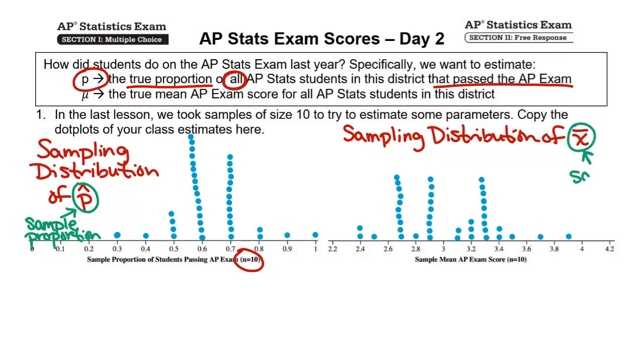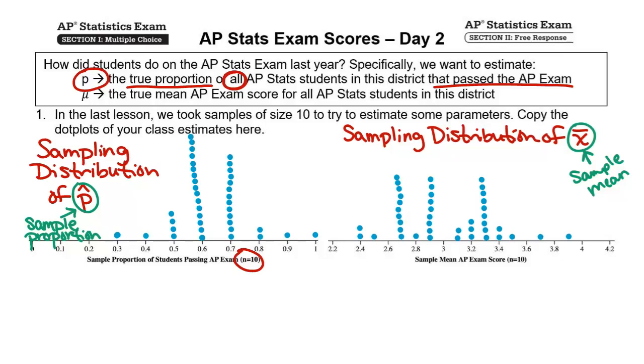Sample mean. Is this the entire sampling distribution for X bar or a partial sampling distribution? Partial. What would it need to be a full and complete sampling distribution for X bar? Every possible group of size 10. We did not do that.